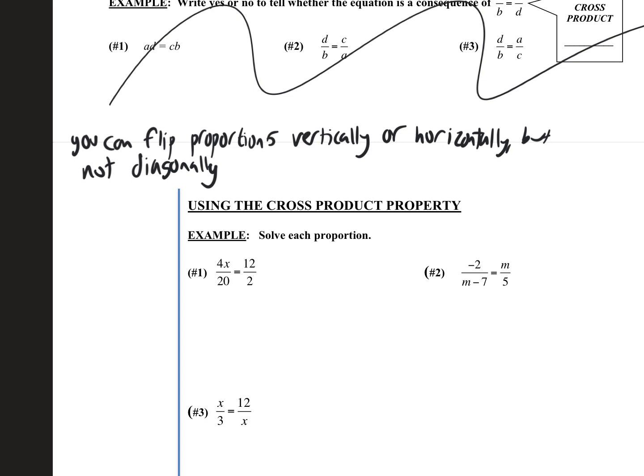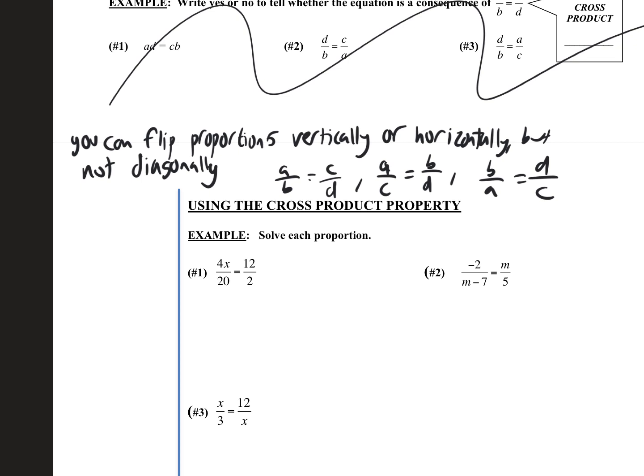Okay? So for example, we could do A over B equals C over D. We could also do A over C equals B over D. Or we can do B over A equals D over C. So we can flip it horizontally or vertically, okay?